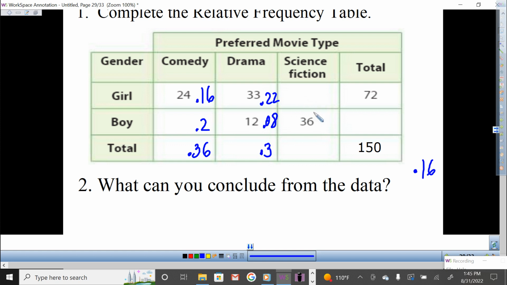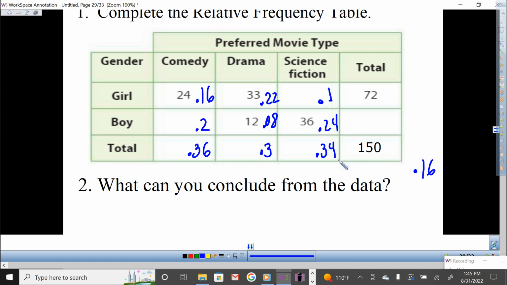Zach, go. Point 1. All right, how about boys? 0.24. Hands if you got that. So this is 0.34.